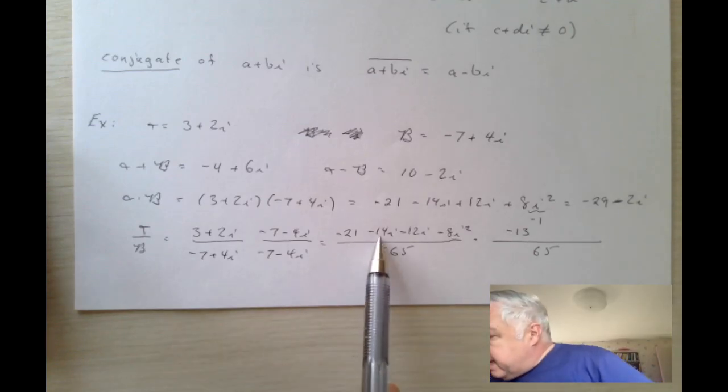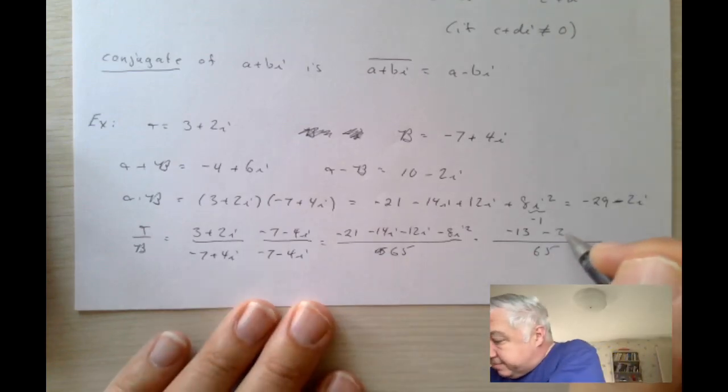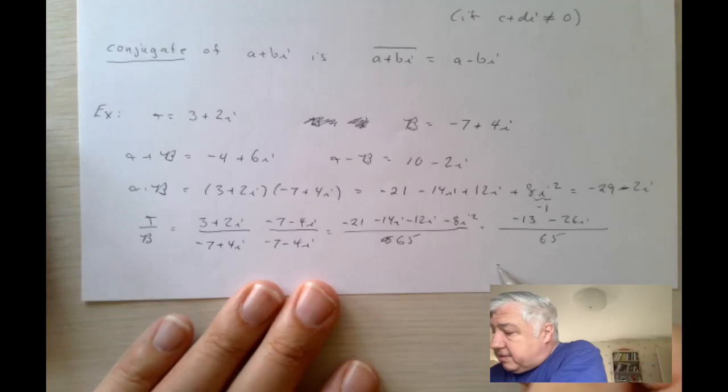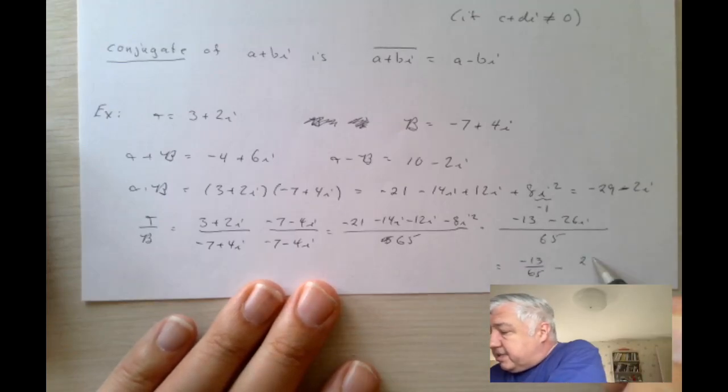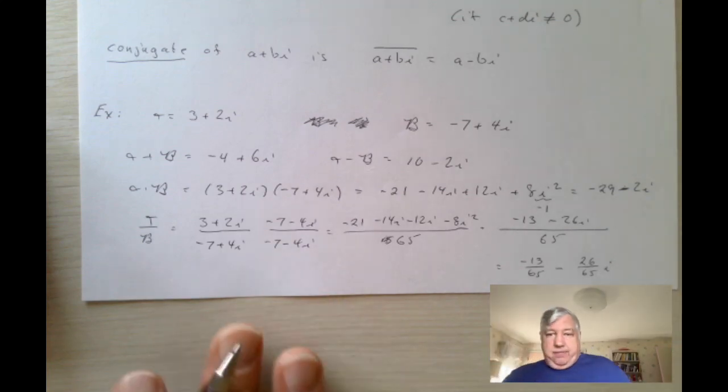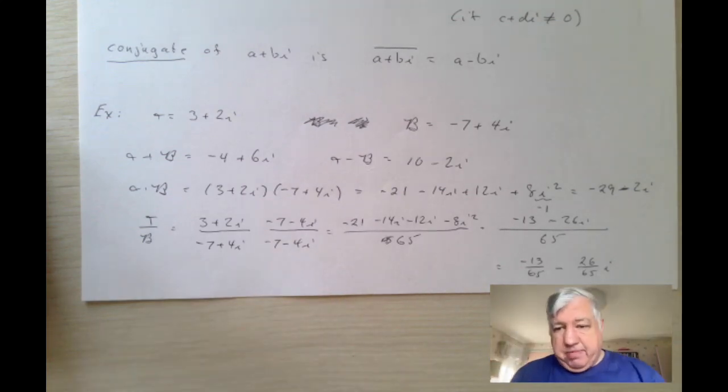And this is negative 26i. Okay, and so this will be negative 13 over 65 minus 26 over 65 i. Okay, maybe you could simplify these fractions, but I don't want to do that.